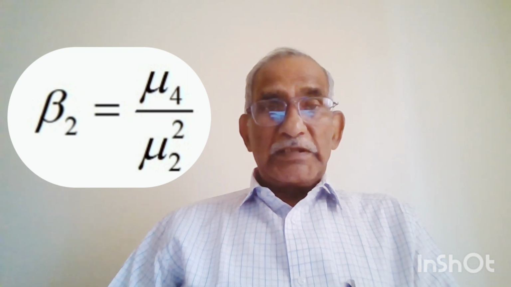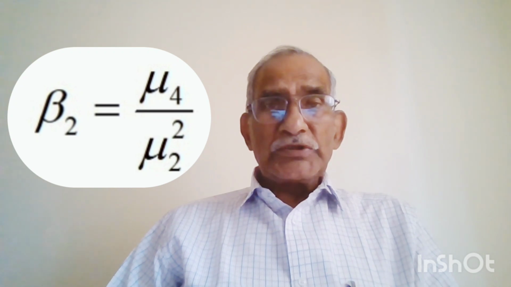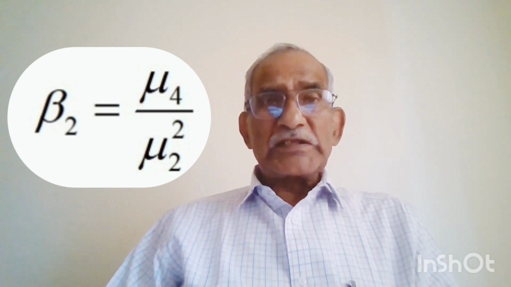And so if we take the ratio of the two, these units are cancelled out, and that makes beta 2 unit free. Now one more point, an important point I would like to discuss before I conclude.